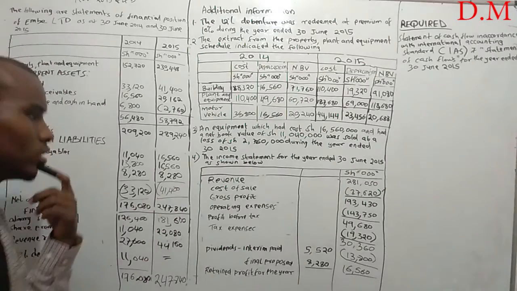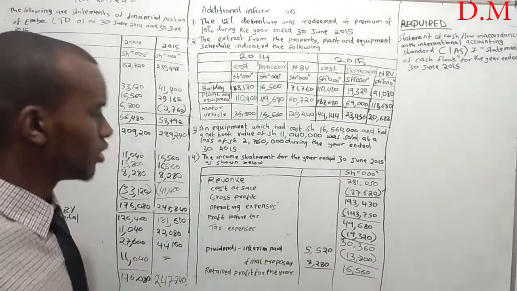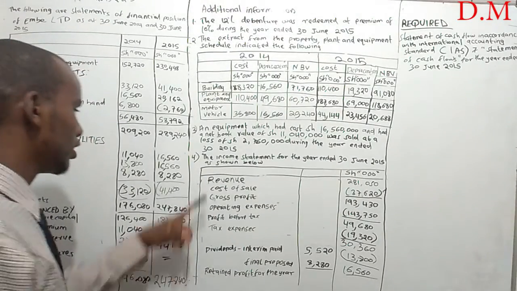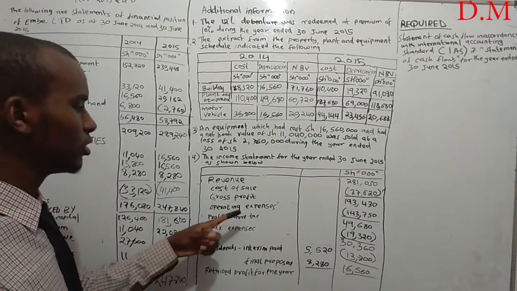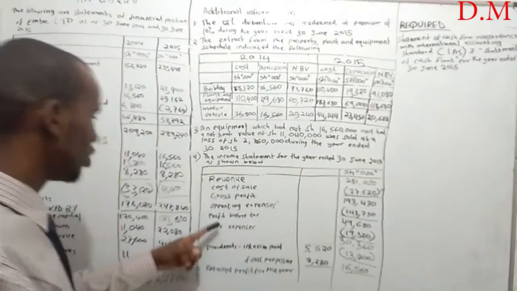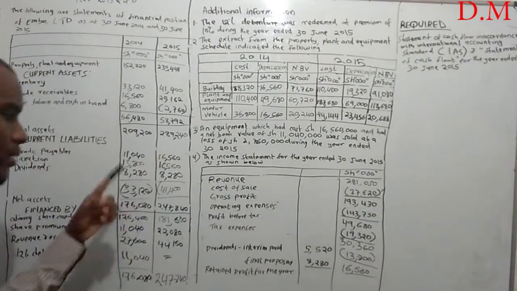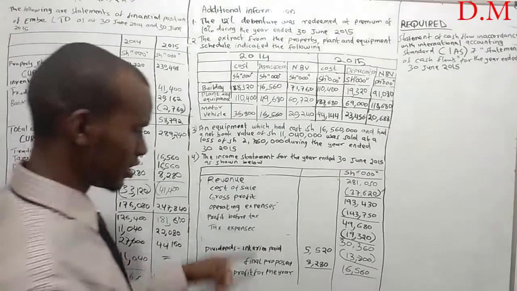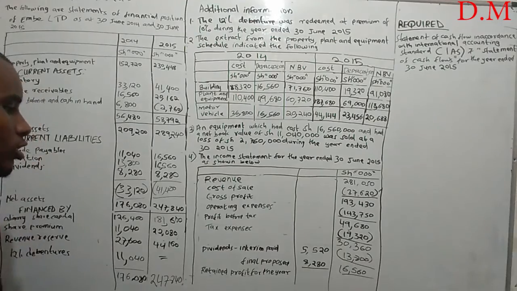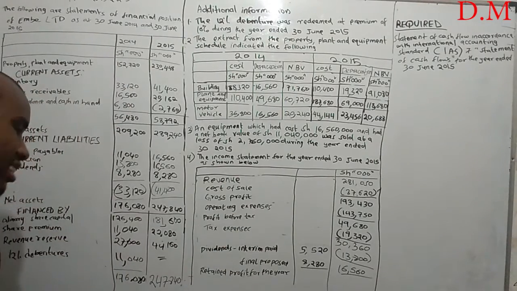We have the revenue. Remember the figures are in thousands. Revenue 281,050. Cost of sales 67,620. Gross profit 193,430. Operating expenses 143,750. Profit before tax 49,680. Tax expenses 19,320. Total 30,360.